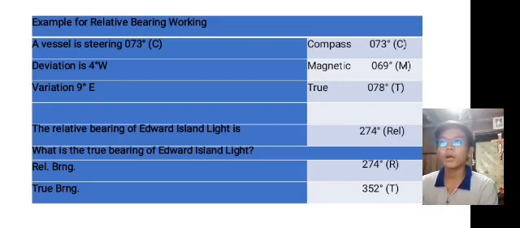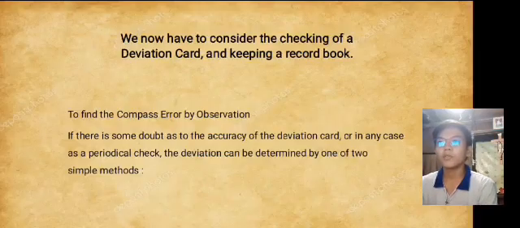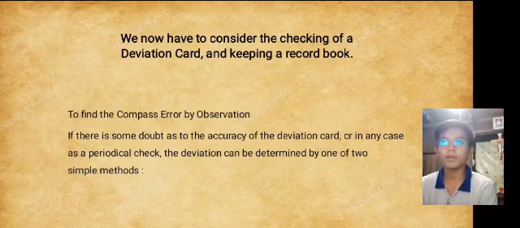We should know how to consider the checking of the deviation card and keeping a record book. To find compass error by observation, if there is some doubt as to the accuracy of the deviation card, or in any case as a periodical check, the deviation can be determined by one of two simple methods.